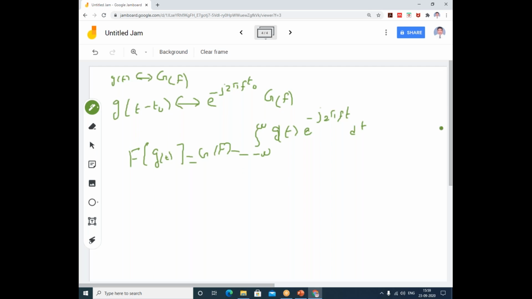This is the basic formula of the Fourier transform, which we already know. Now, in the place of g of t, I have g of t minus t naught.